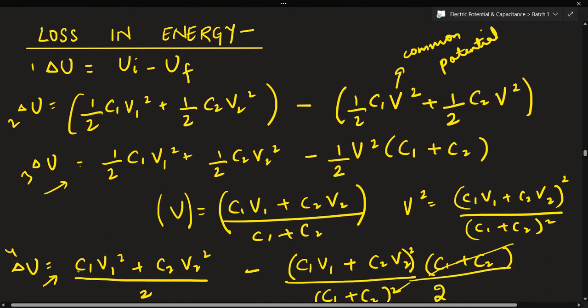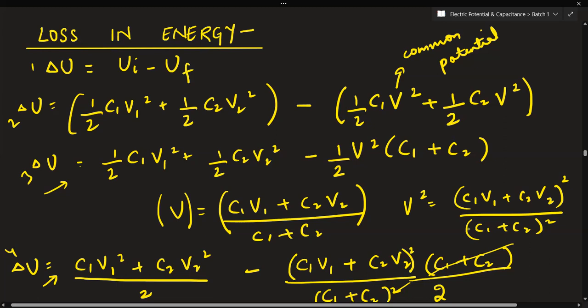So see, what did we do? (C1V1 square + C2V2 square) by 2, I have written this only: half C1V1 square plus half C2V2 square. This can be written like this also, since the denominator is the same. Minus half, so 2 is there, V square. Instead of V square, I have written this.